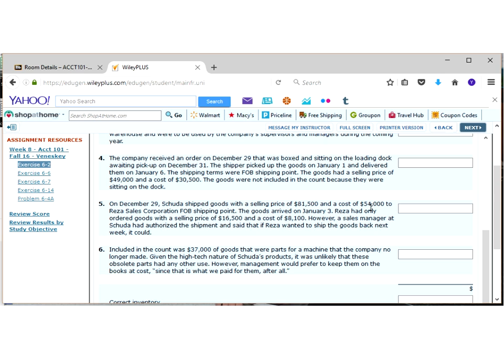So on my inventory off to the side on my little sheet, I would have had a credit to the inventory for $54,000. Now we're not worried about sale prices on this exact problem. We would have to go back and redo the sales too. But for this problem, they're only looking at inventory. So on my little inventory T account, I would have $54,000 on the credit side showing that I lost inventory.